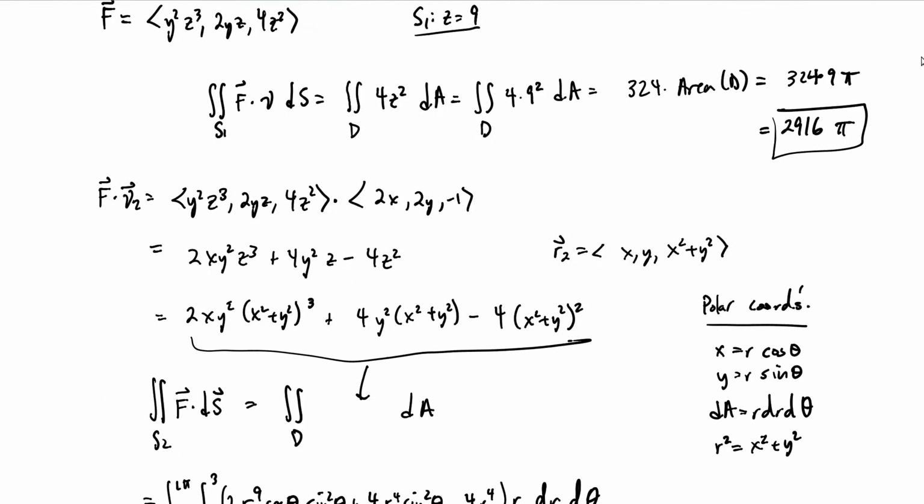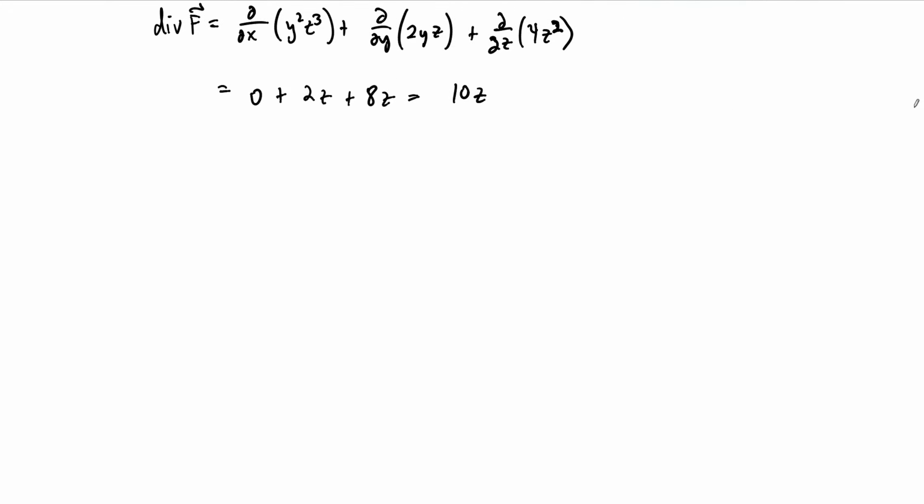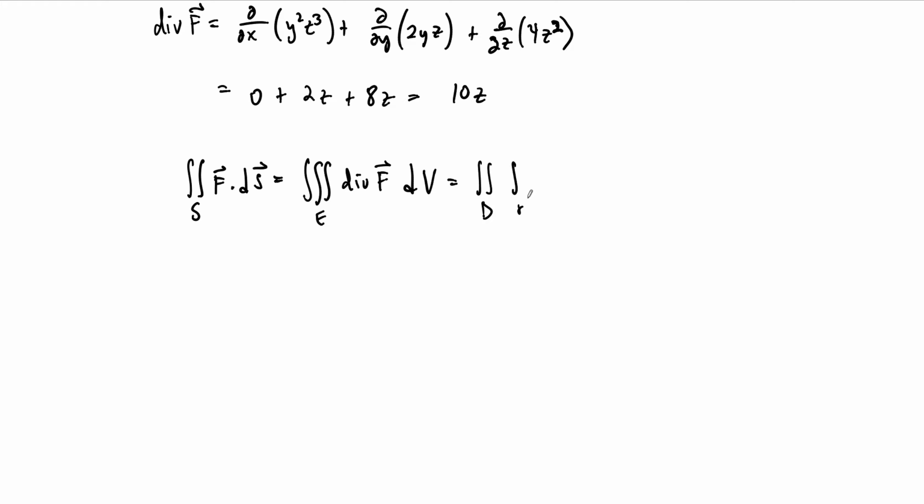So let's see what happens down here. According to the divergence theorem, our flux is going to be equal to the triple integral over the solid region of the divergence of our vector field, dV, right? And so let's do it. This is going to be the double integral around D of the integral from r squared up to 9 of 10z dz dA.